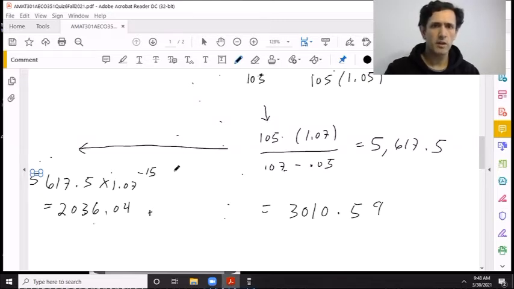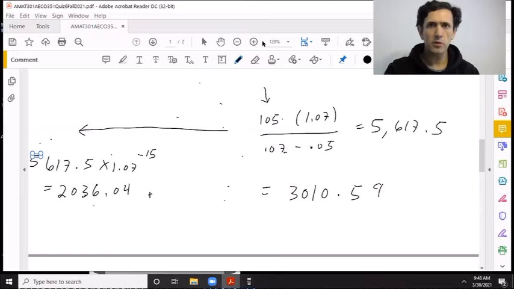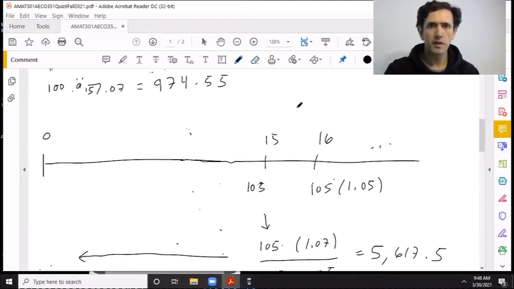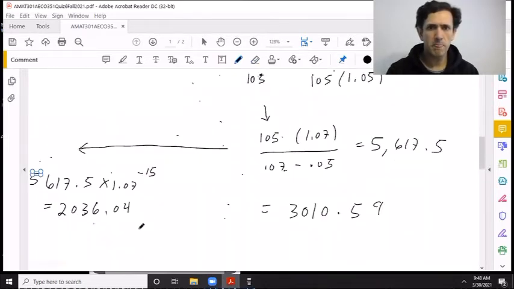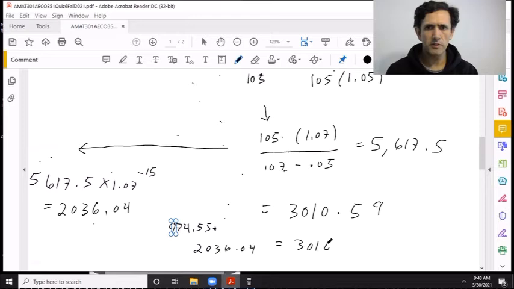Right. And so you add these two up. Let me get rid of this here. Yeah, you get the same answer, 974.55, plus 20.36 and 4 cents gives you exactly the same answer, 310 and 59 cents.